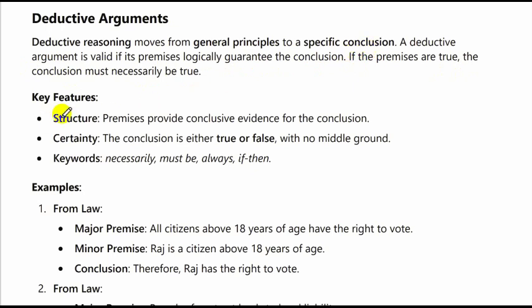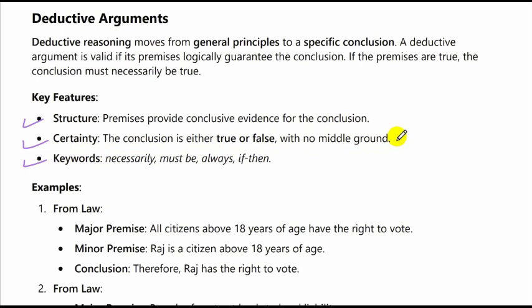What are its key features? Structure, certainty, and keywords. Premises provide conclusive evidence for the conclusion. Logical evidence, it logically follows from premises to the conclusion in deductive arguments. The conclusion is either true or false with no middle ground.